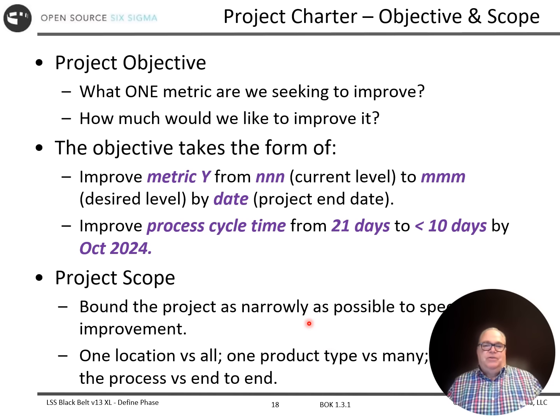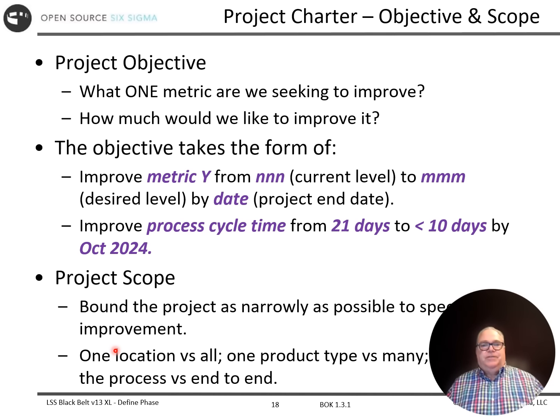Maybe we fix one product type versus all. Maybe we help one customer type versus them all. And just ways that we might narrow the breadth of our project so that we can execute it quickly, build momentum, and we can always add on other pieces as we go.